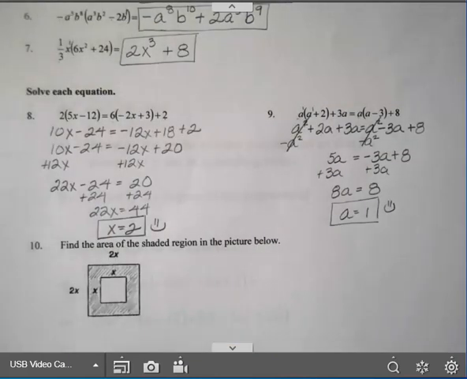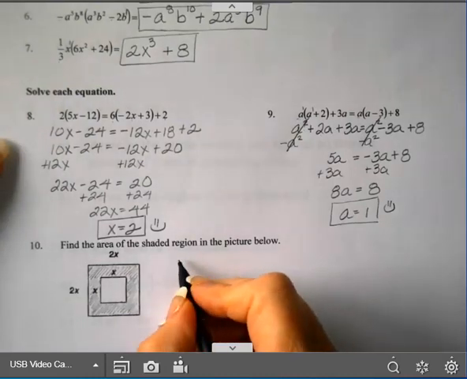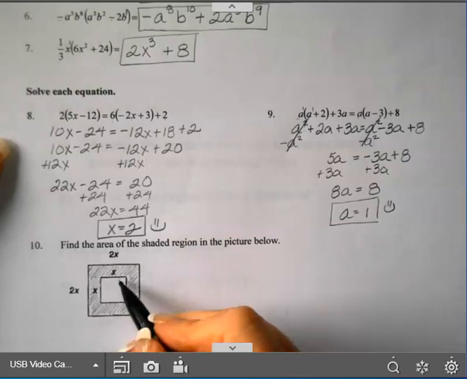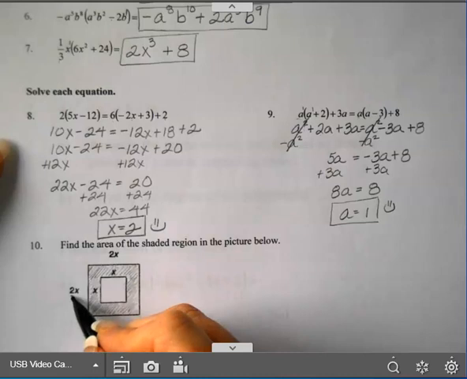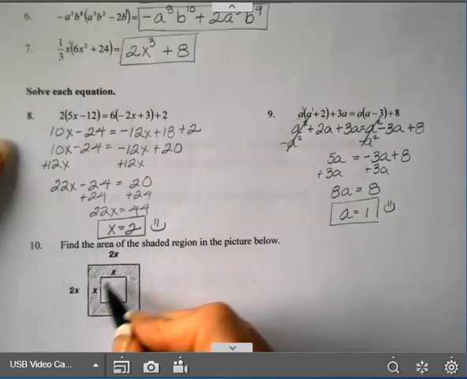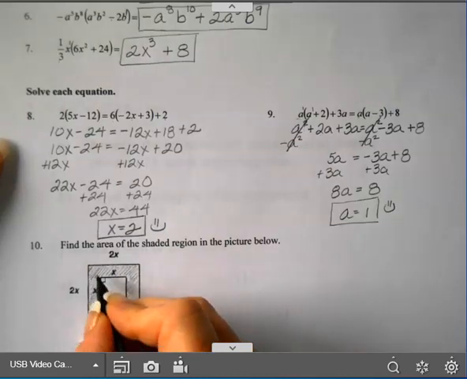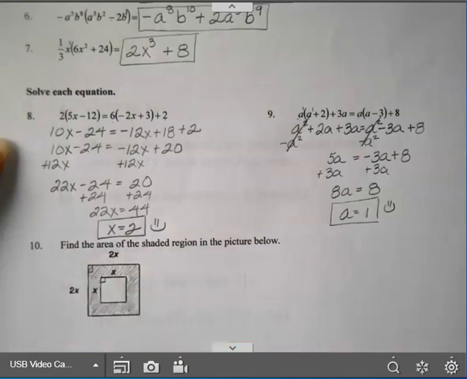Our last example, I want to find the area of the shaded region in the picture. To just describe it, notice there are squares here. They have both sides. The big one has 2x and 2x, and this has x and x. Probably should put that these are at right angles in here, but they are.